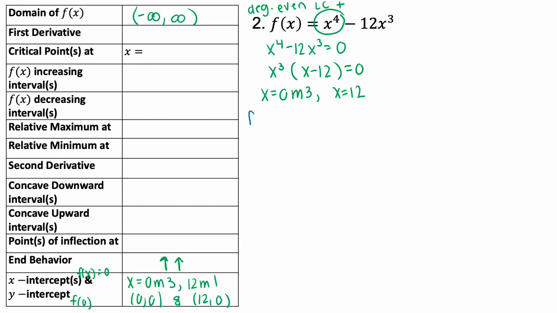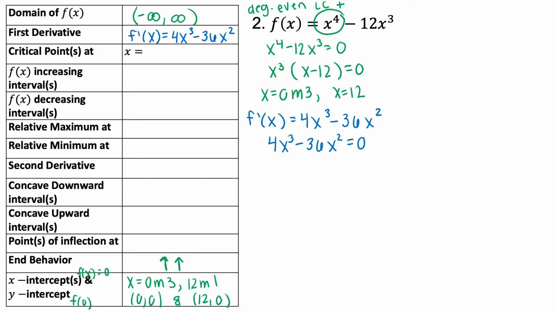So taking our first derivative f prime of x, using our power rule, we get 4x cubed minus 3 times 12 is 36x squared. To find our critical points, we can go ahead and set this equal to 0.